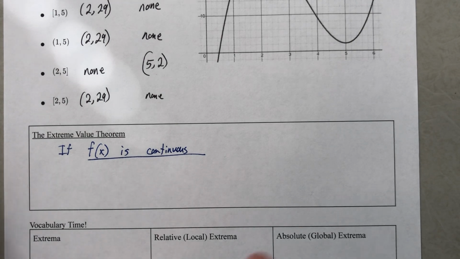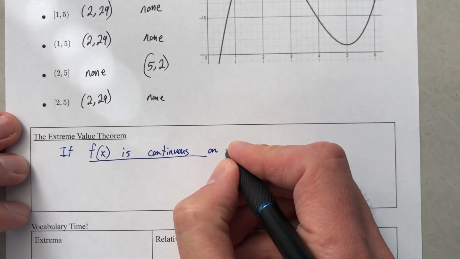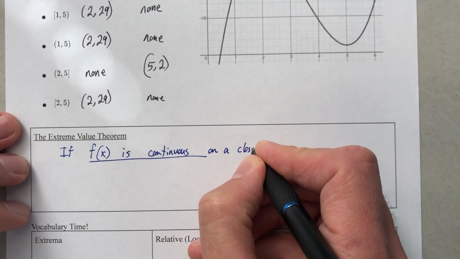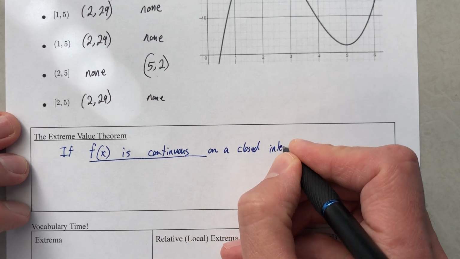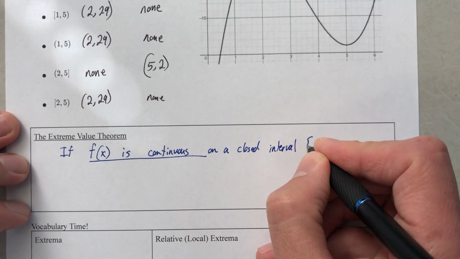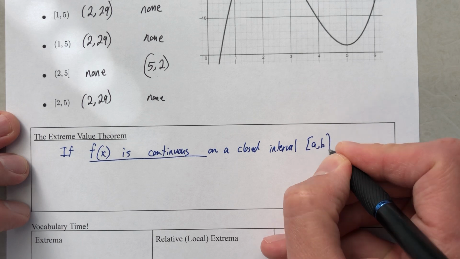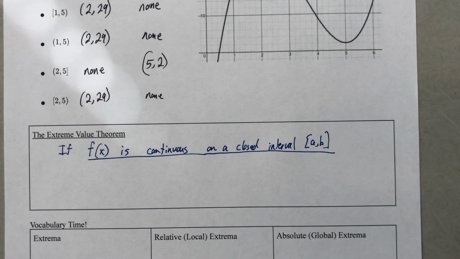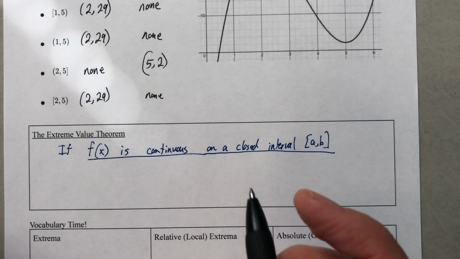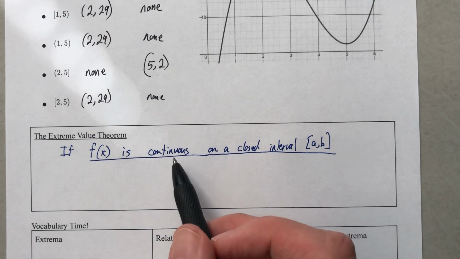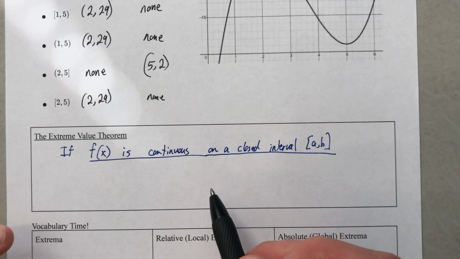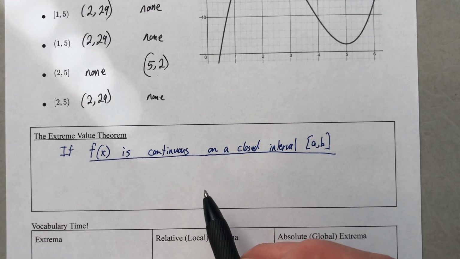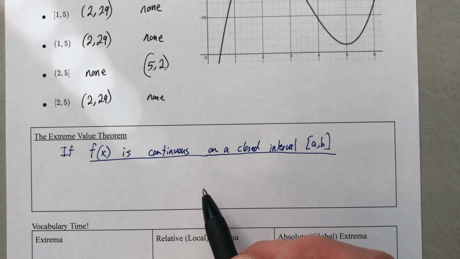If it's continuous on a closed interval from A to B, that is the condition. All we have to have is continuity. That's it. Other things that we've dealt with, intermediate value theorem had to have continuity in betweenness, and the mean value theorem had to have continuity and differentiability.